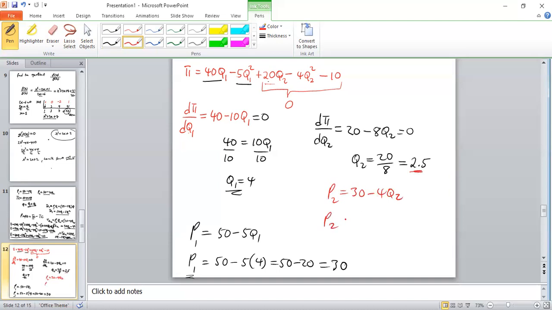So P2 equals 30 minus 4 times 2.5. What is 4 times 2.5? It's 10. So 30 minus 10 is 20. So P1 is 30 and P2 is 20, which maximizes the profit. Any questions?